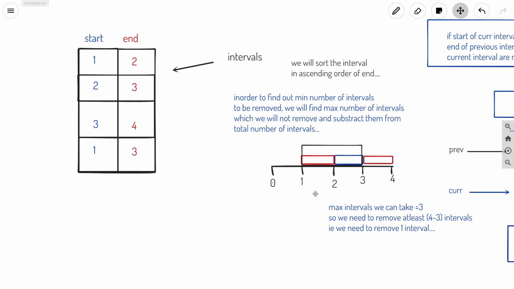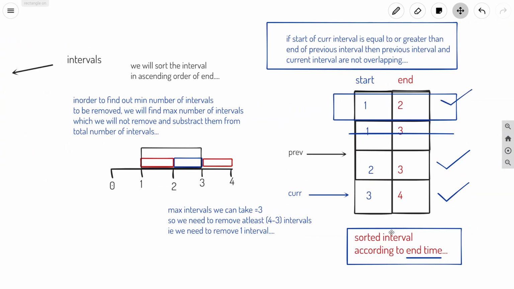To solve this question, we have just sorted the intervals according to the end time. You can see that this is sorted according to the end time. And the logic behind solving is that we will have two pointers, previous and current, and we will check whether for the current interval the start time is greater than or equal to the end time of the previous interval or not.